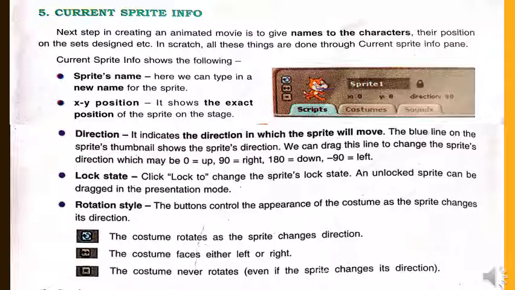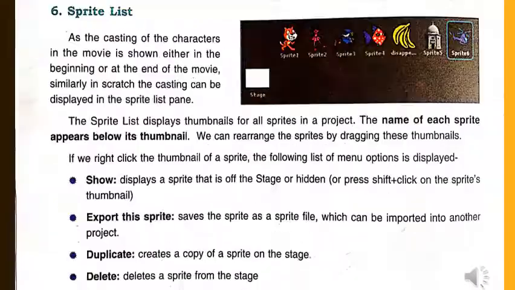These buttons control the appearance of the costume as the sprite changes its direction. The first one is the costume rotates as the sprite changes direction. Second is the costume faces either left or right, and the third is the costume never rotates even if the sprite changes its direction.